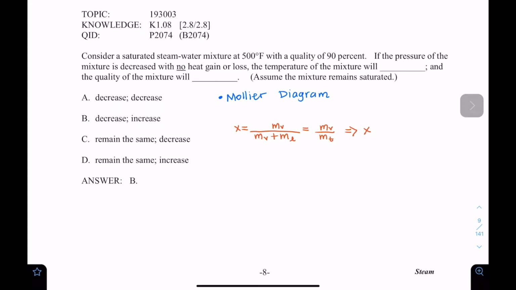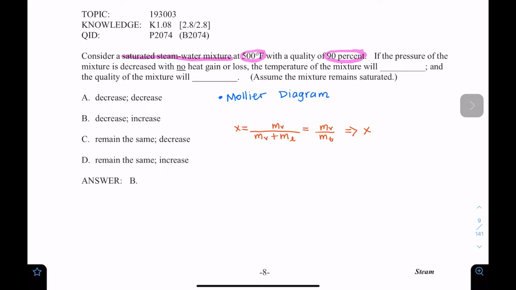This one, question P274. Consider a saturated steam water mixture at 500. So I have a saturated water mixture, 500, quality 90%.